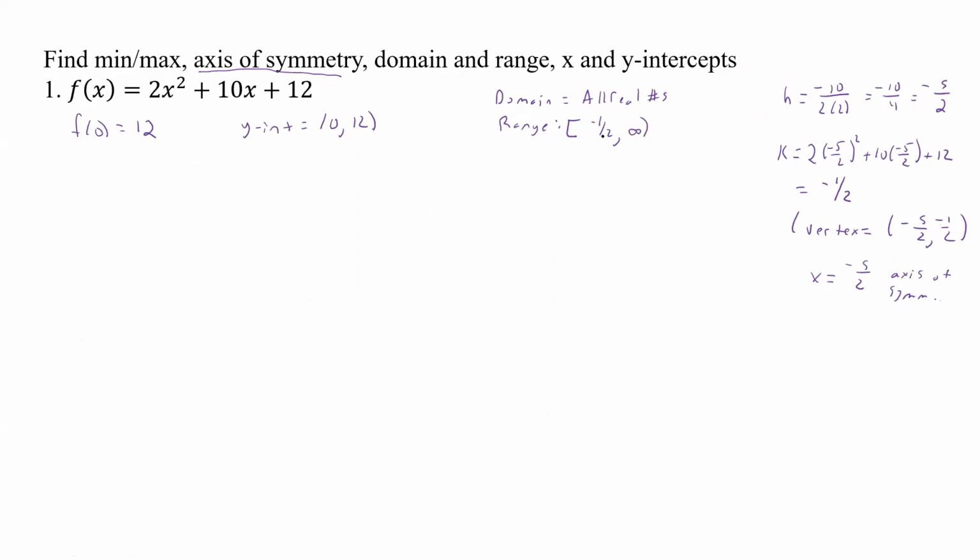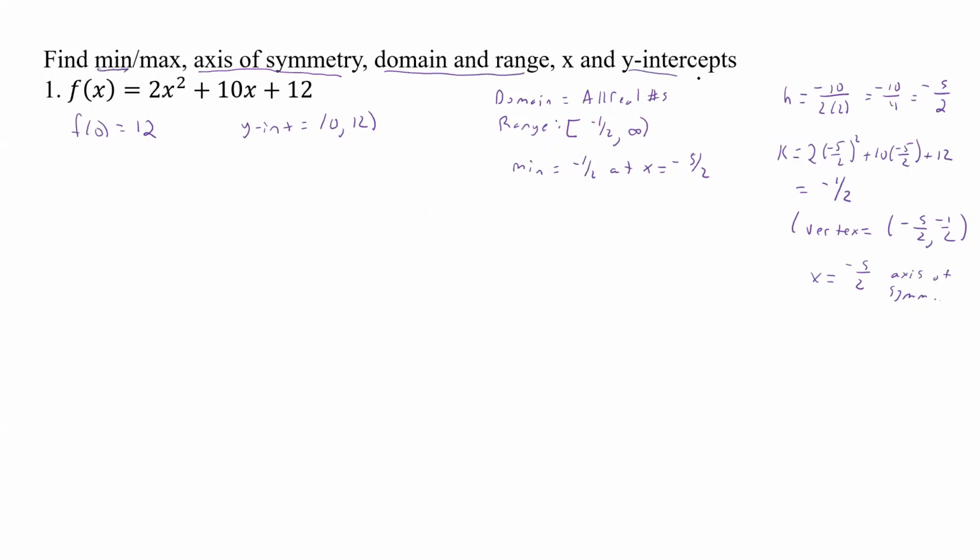So that would be our range. So that's going to be our minimum, basically. And I guess the min is negative 1/2 at x equals negative 5/2. So we found the min.